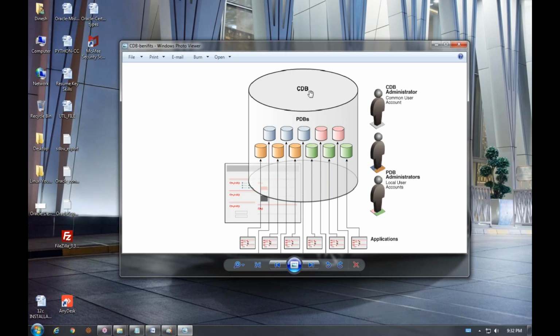Cloud database. What is cloud? Suppose I have a file, and the file is in my local system. Are you able to access that file? No, you are unable to access.